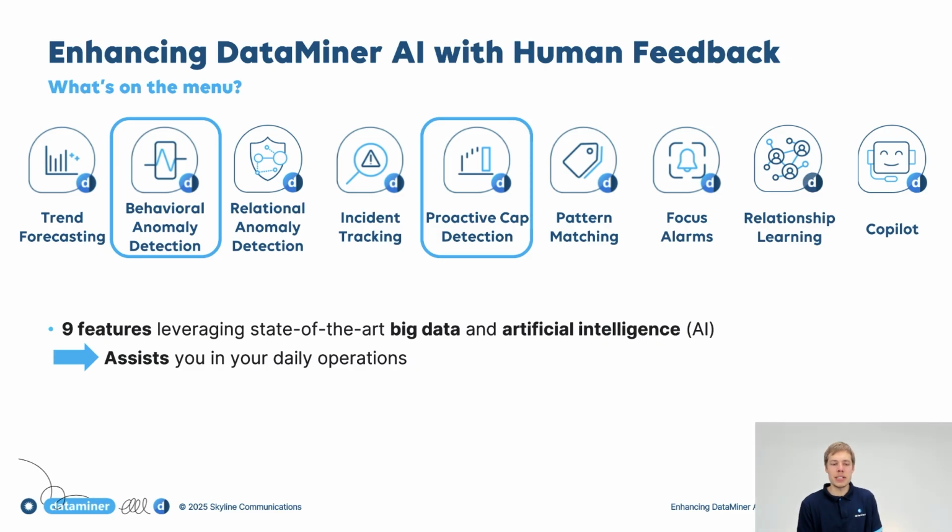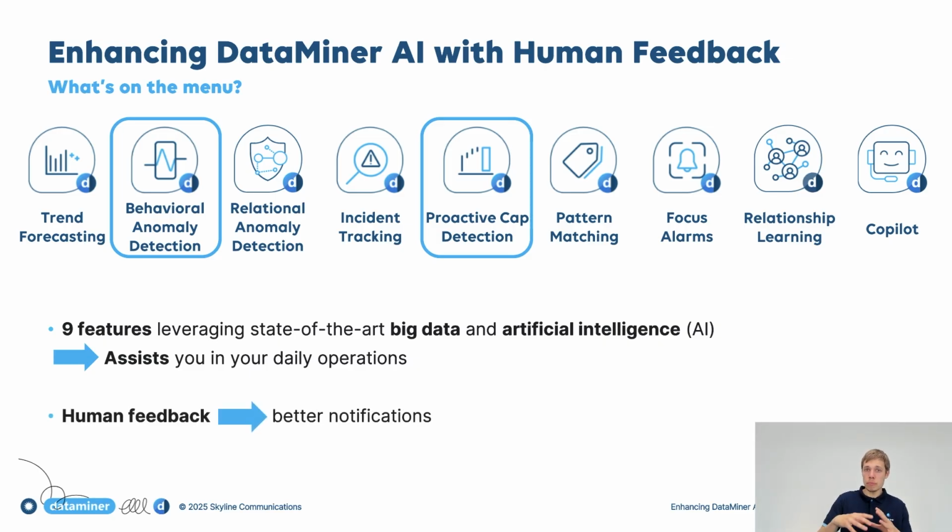And that is why we implemented this feedback mechanism to give you an easy way to teach DataMiner what kind of things are issues for you and what are not issues. And then hopefully DataMiner will learn from that and improve the detections that it makes.